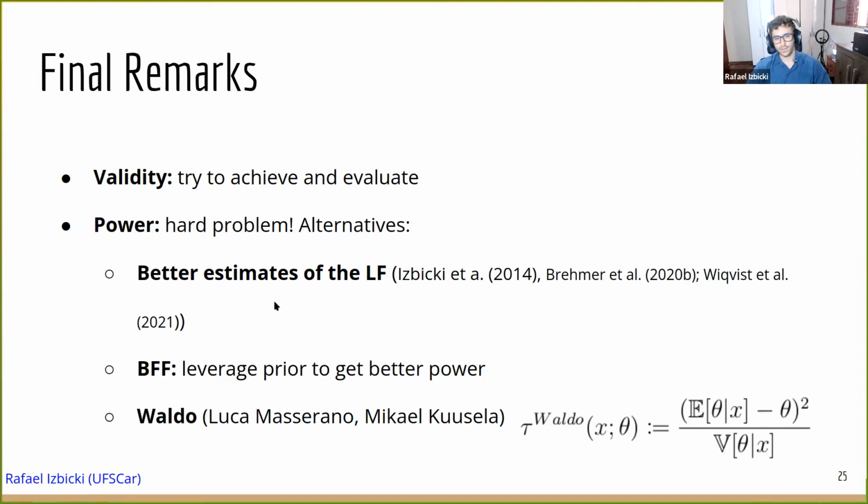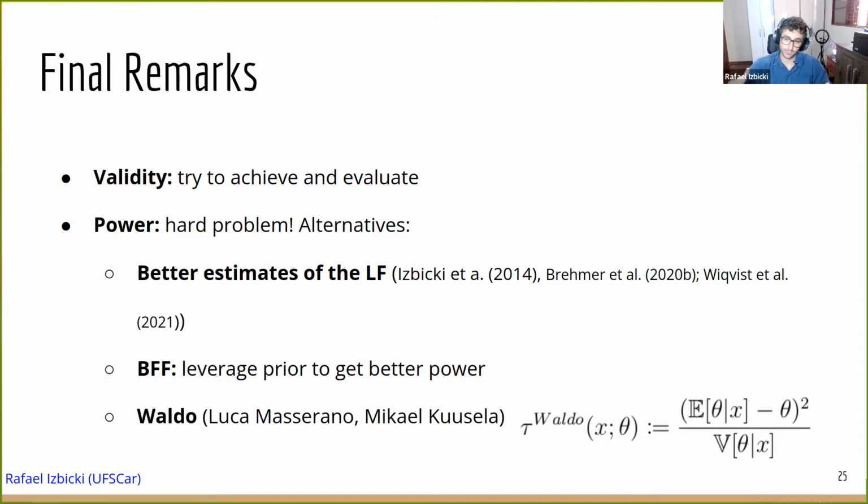So first, you can think of better estimates of the likelihood function. There are many ways of estimating likelihood functions. For instance, Bramer has a way of estimating likelihood functions that can work better if you are in a setting where, by augmenting the likelihood function with latent variables, you can evaluate that likelihood function. So you take advantage of that fact.